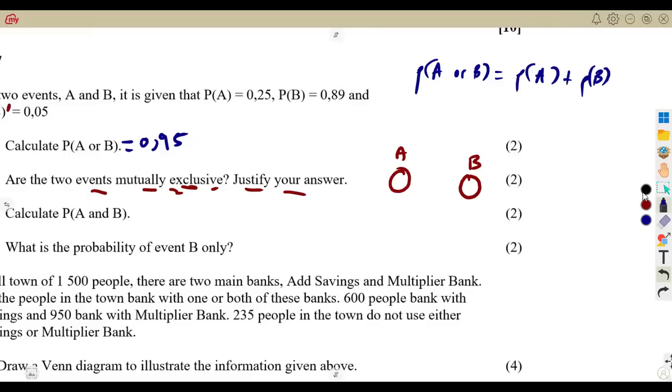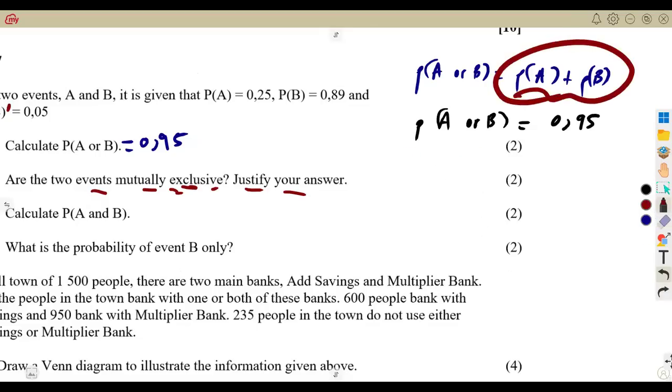We calculated this probability of A or B. We have it. We calculated this, remember. It is there. 0.95. It is there.